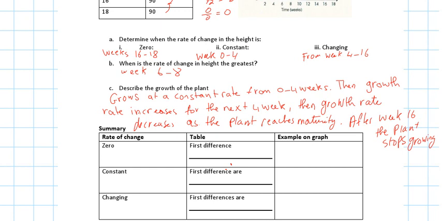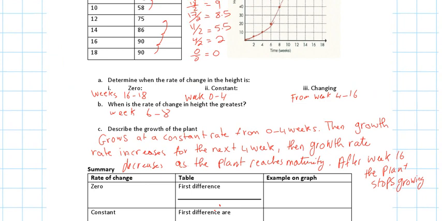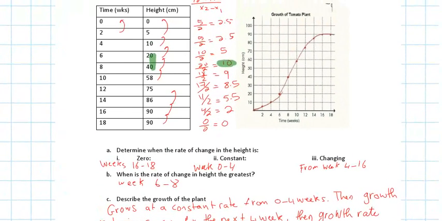So if you look right here, I'm just going to go back to the graph. If I look right here, in the first 4 weeks, you kind of have a straight line, right? And it does make sense that I have a straight line because I have a constant rate of change, right?